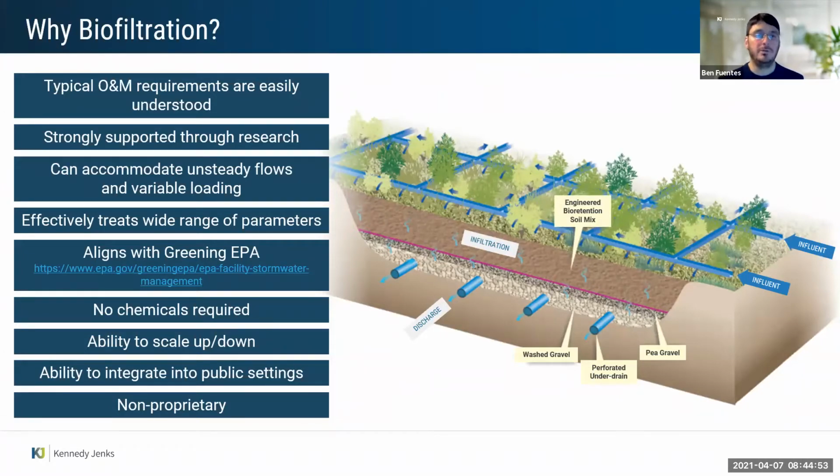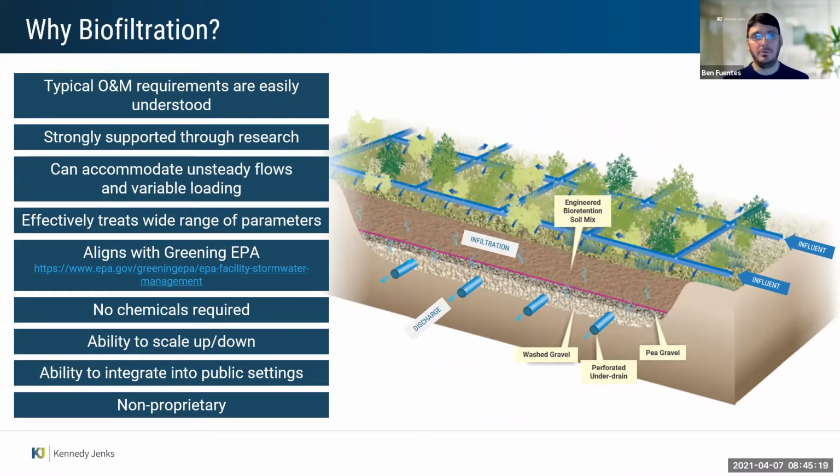There's also a lot of research out there that supports the use of it and helps guide media selection. The amount of research, particularly in the state of Washington or the Pacific Northwest, is very advantageous in helping ensure that biofiltration will be successful. This method also mimics a natural process.